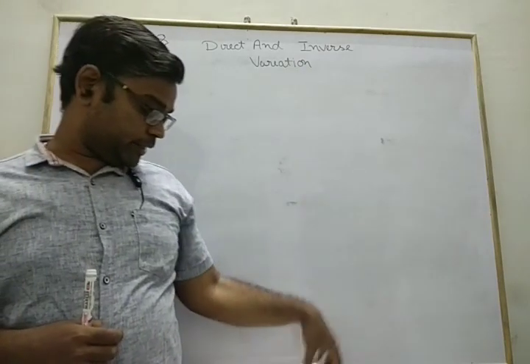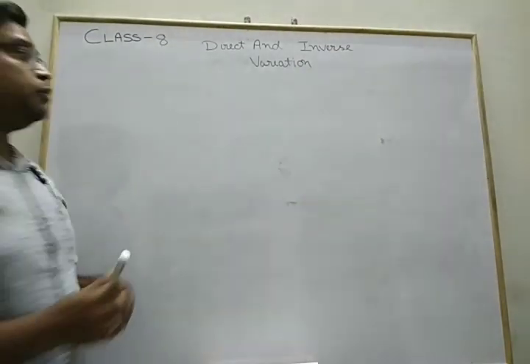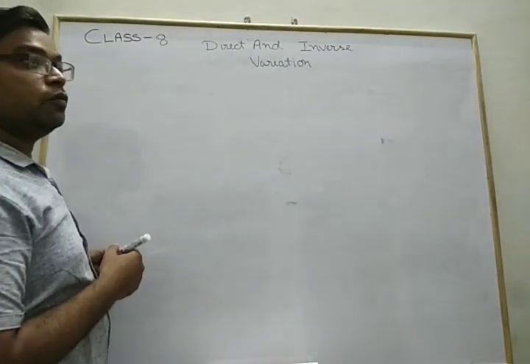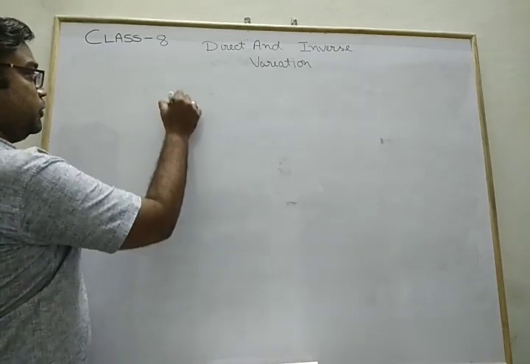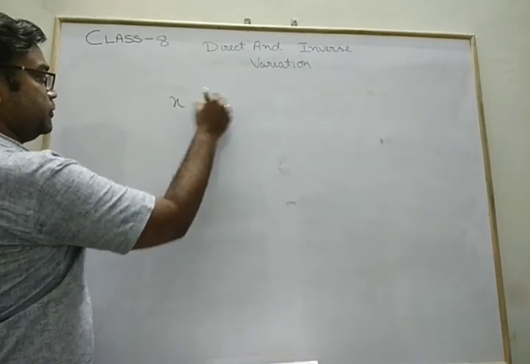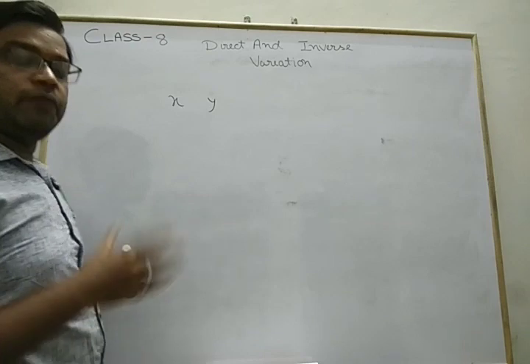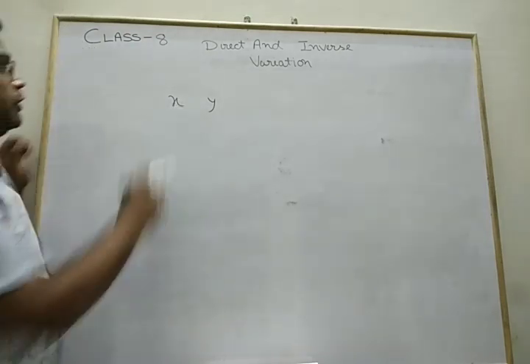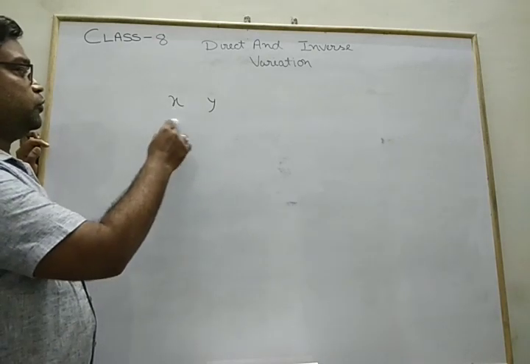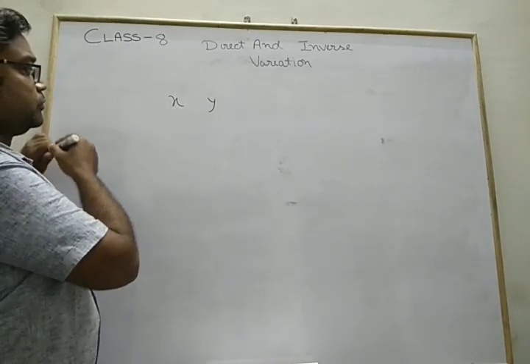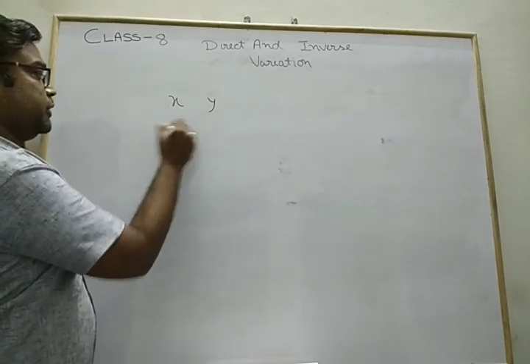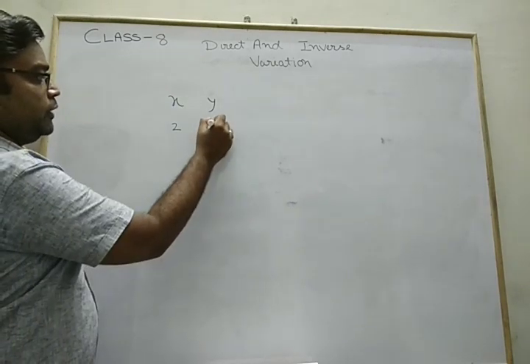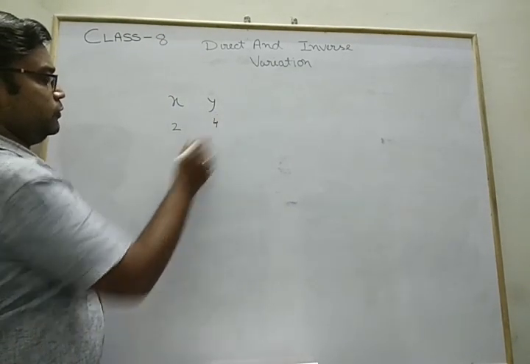Variation. What is variation? Suppose there are two quantities, one is your x, the other is your y. These two are variables. Suppose the value of x is 2, then the value of y is 4.